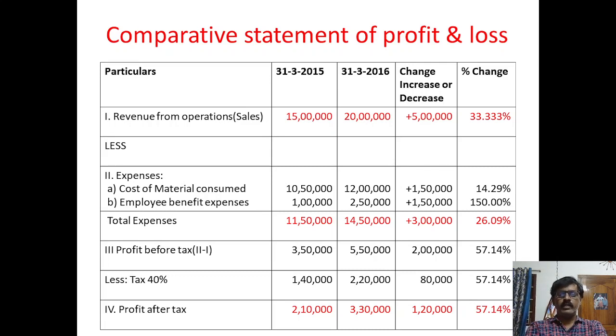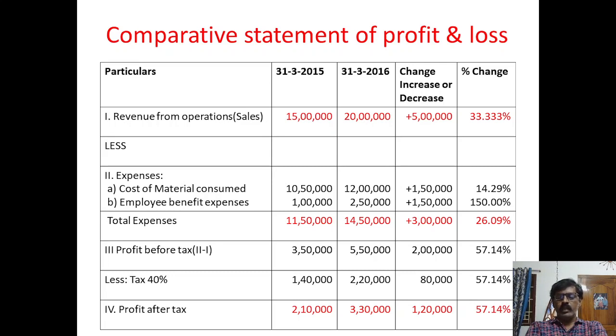And total expenses 11 lakh 50,000 for the first year. For 2016 it is 14 lakh 50,000. Then the absolute change is 14 lakh 50,000 minus 11 lakh 50,000, which gives us the value of 3 lakhs. Now again, for total expenses, how much has it increased?